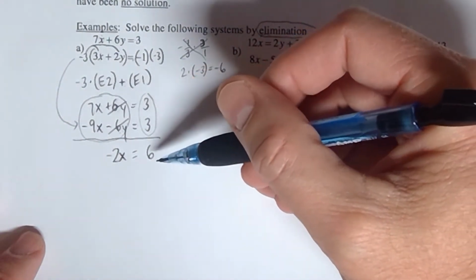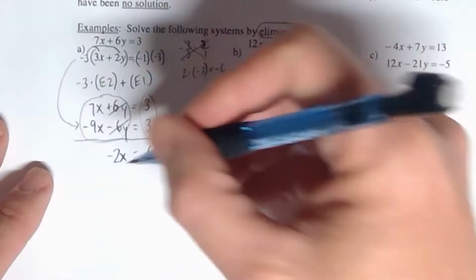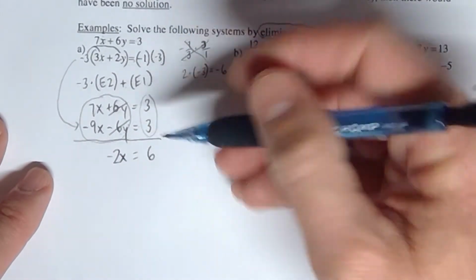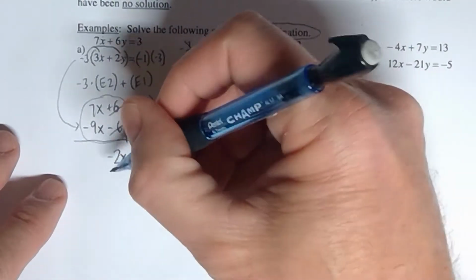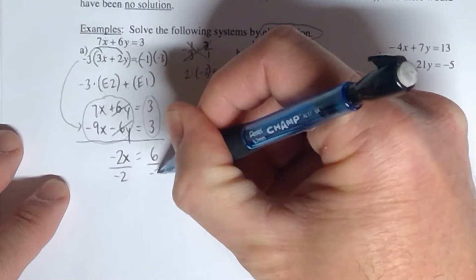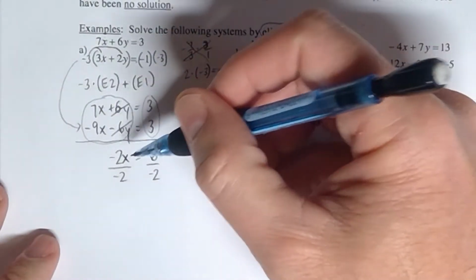So now that I have that one variable equation, just like in the last section with the substitution method, I now solve that resulting one variable equation. All right, since you just have a variable term and a constant term, one on each side here, that's that step where you divide out, right? Okay, we've done that many times with linear equations before.